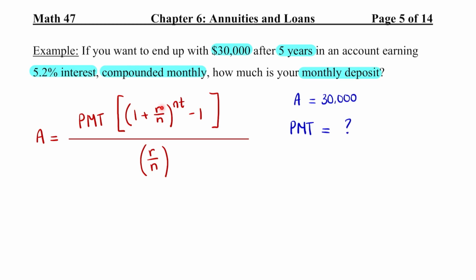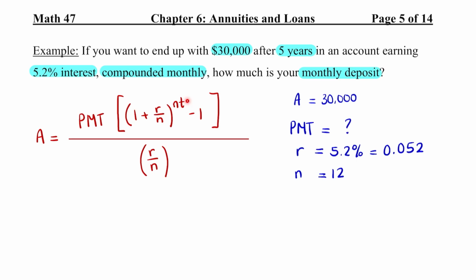R is the annual interest rate that my account earns. In this case, that is 5.2%, and that is equivalent to 0.052. N is the number of compounding periods in 1 year. In this case, it's compounded monthly, so N is 12.